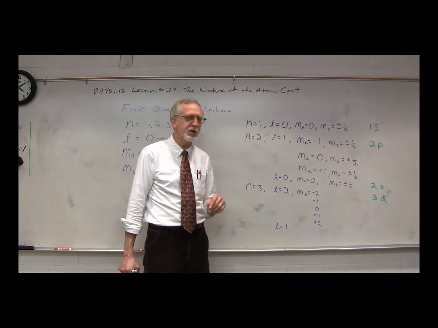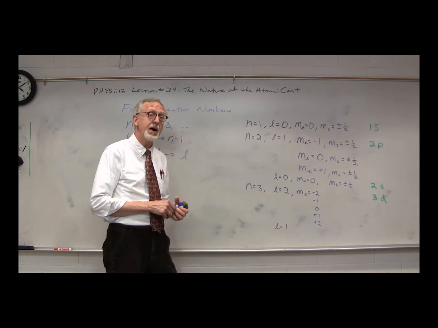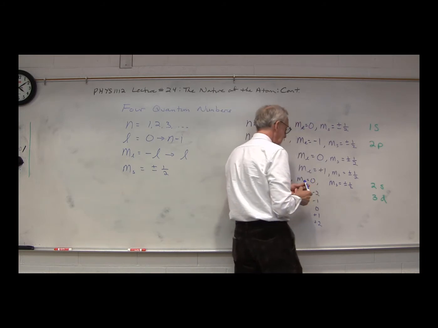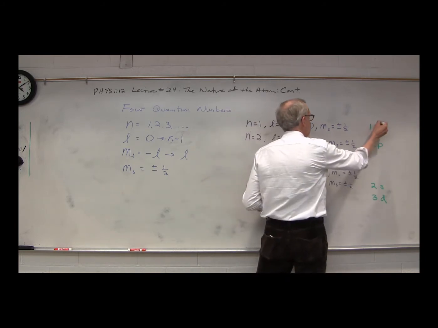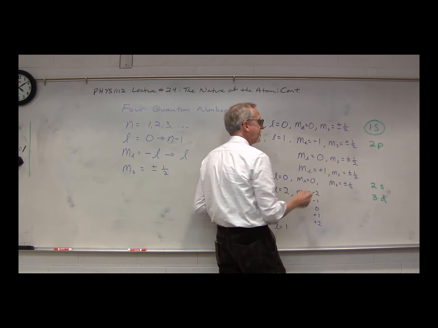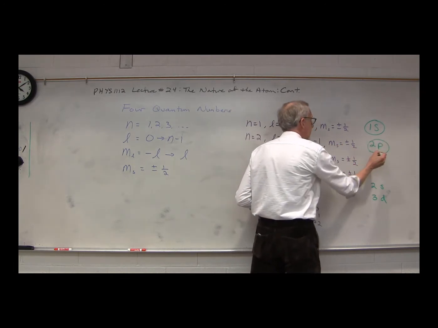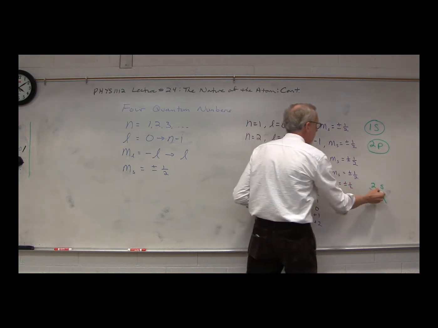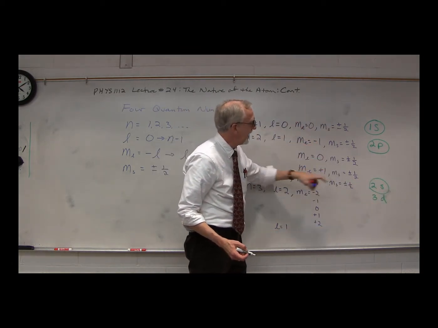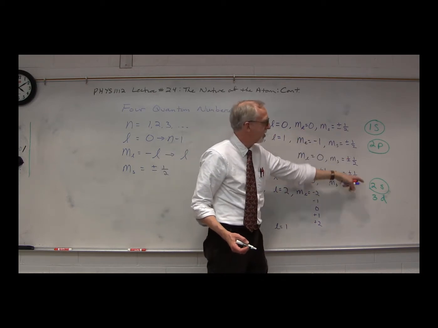But I just want you to notice that if you've had chemistry before, you might have seen this, that you can have two electrons in the 1s state. You can have 1, 2, 3, 4, 5, 6 electrons in the 2p state, with 2 more in the 2s state, making a total of 8 electrons in the n equals 2 state.